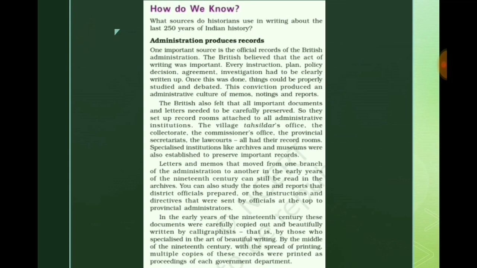Those people had beautiful handwriting. With the introduction of the printing machine, these records with such beautiful handwriting were printed in multiple copies and spread around. Each government department used similar handwriting for official letters, so one could easily look at a letter and identify its importance based on the handwriting.